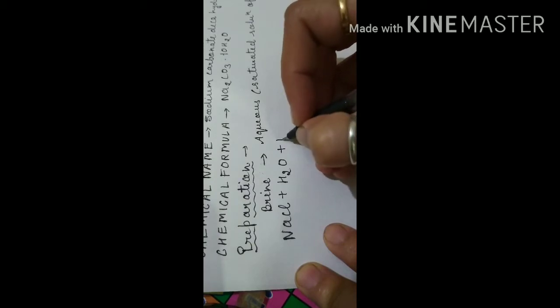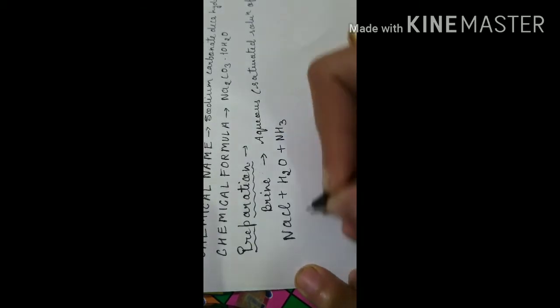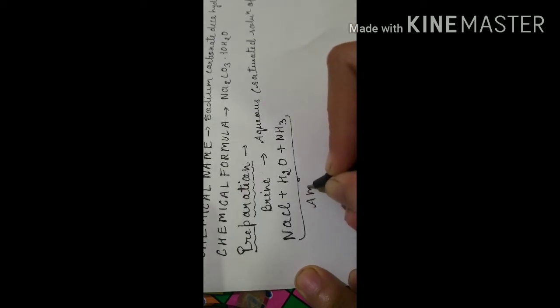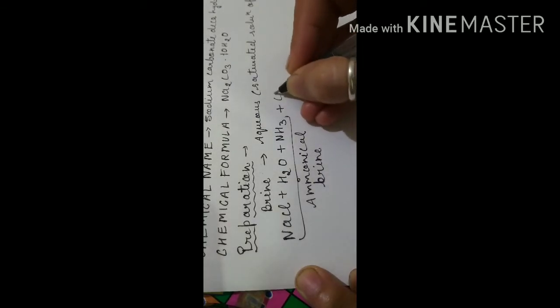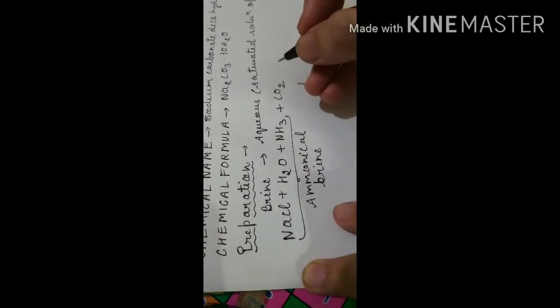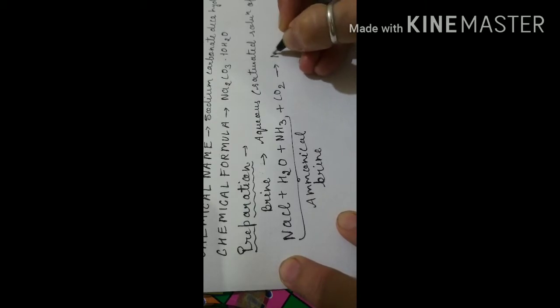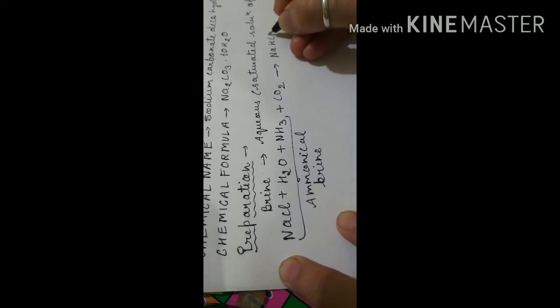Now we have to pass ammonia gas inside it, so it becomes ammoniacal brine. After that we pass CO2 gas into the solution of ammoniacal brine. Now what will happen? It will first form sodium hydrogen carbonate, and ammonium chloride comes out.